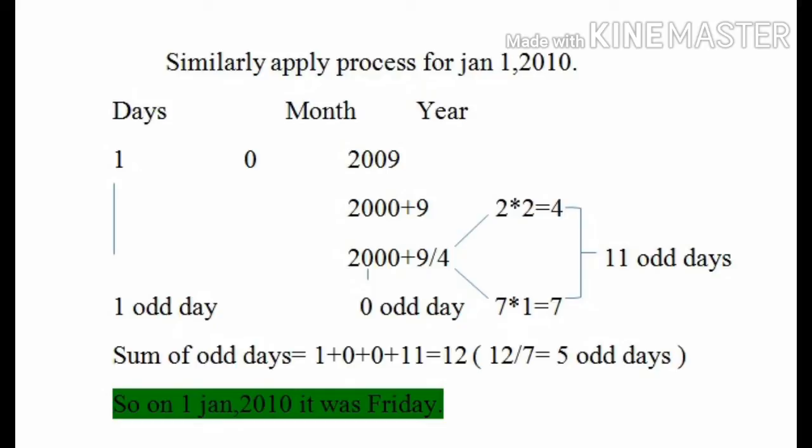By adding them we get 11 odd days. So the sum of all the odd days is 1 plus 0 plus 0 plus 11 equals 12 odd days. These 12 odd days are divided by 7 and we get 5 odd days. So by these 5 odd days we know that on 1 Jan 2010 it was Friday.